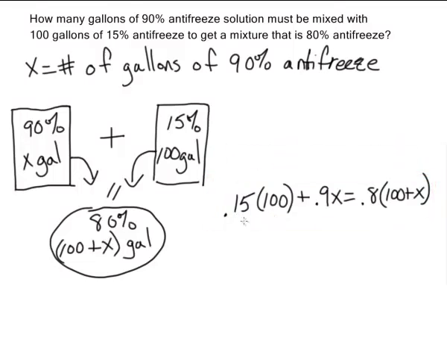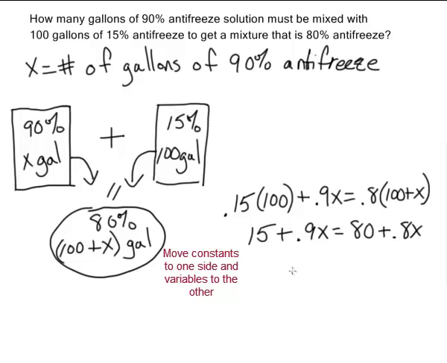So now we just solve it like we would any other equation. 0.15 times 100 gives us 15, plus 0.9x, equals 0.8 times 100, which is 80, plus 0.8x. We'll subtract 15 off both sides and we get 0.9x equals 65 plus 0.8x.